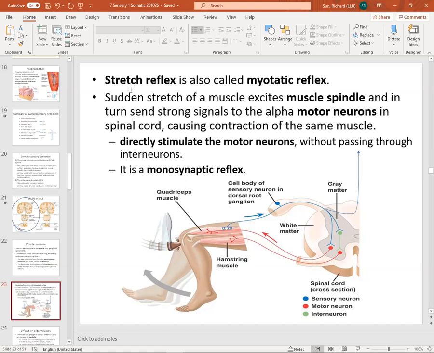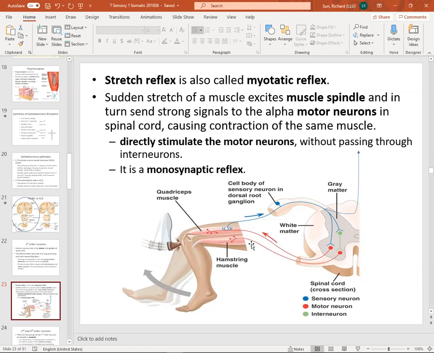This reflex has an input pathway from the muscle spindle. The output pathway is from the alpha motor neuron in the spinal cord. So this pathway is very simple. This only involves two neurons connected with one synapse. So this is also called the monosynaptic reflex.